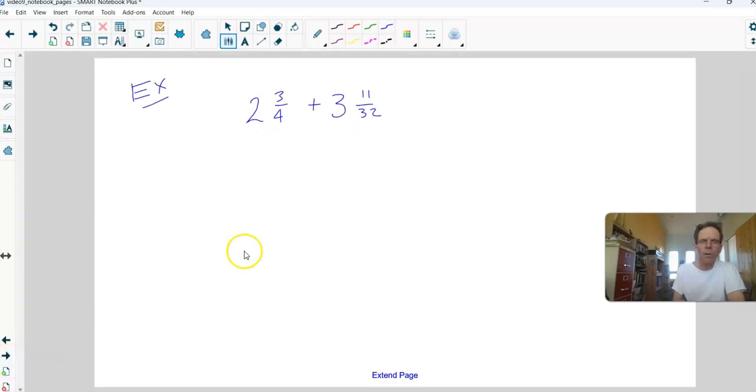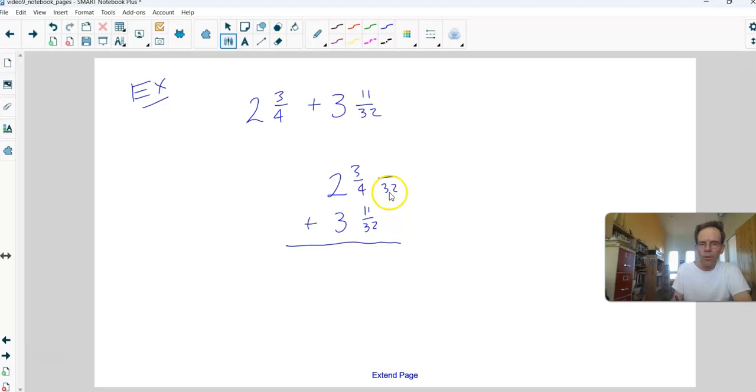Let's use vertical format again in this case where we're adding these mixed numbers. So 2 3/4, and then 3 11/32. We're adding those. We need to get a common denominator. We could convert the 3/4 into thirty-seconds easily, right? 32 is our LCD.